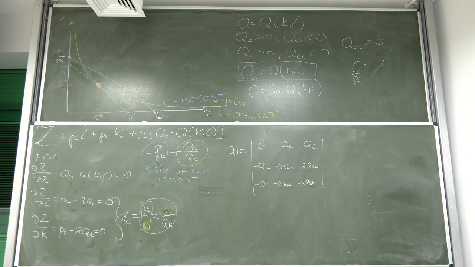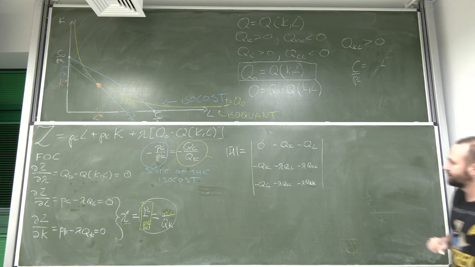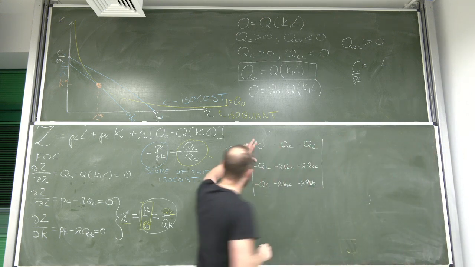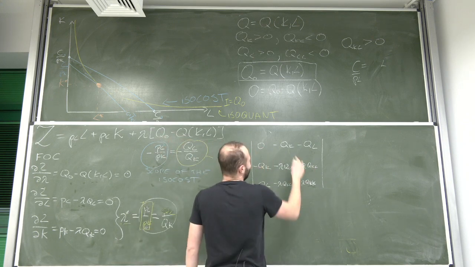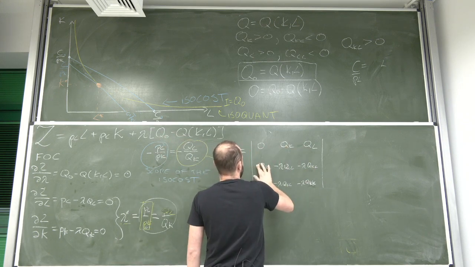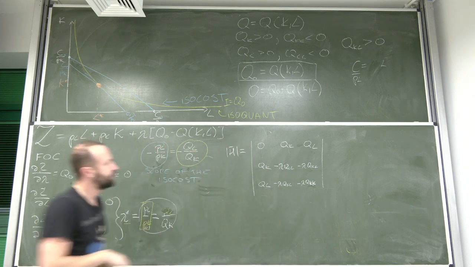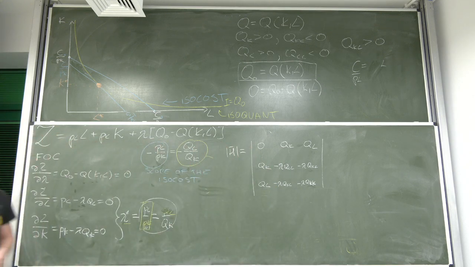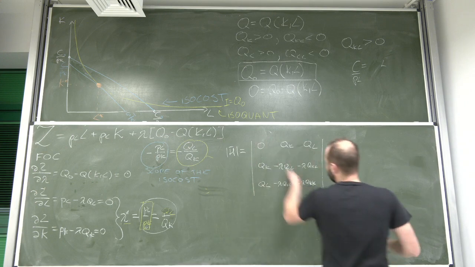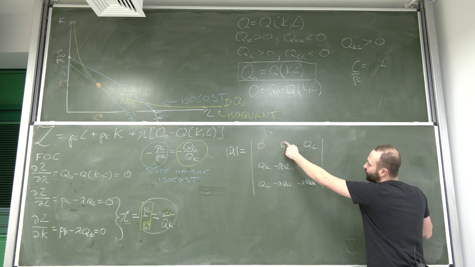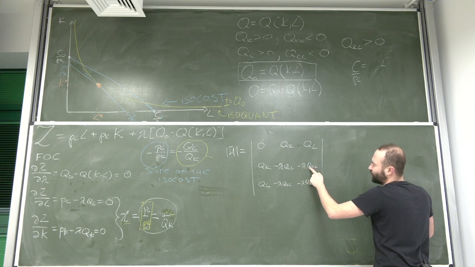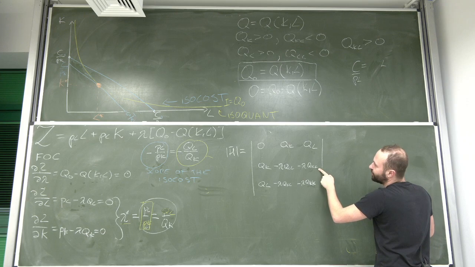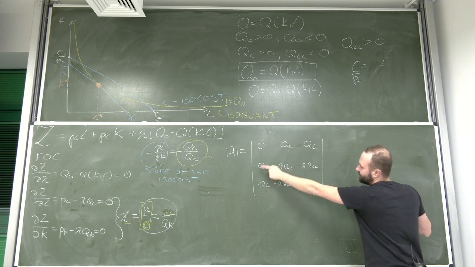So now, unfortunately, we need to calculate it all out. One thing we can do is take out negative 1 of the first column and of the first row. They're going to cancel each other out. So I can write it like this. And the next thing is to just calculate. So this is 0. Here we've got QK times QL times negative QKL, but this is the same as we were going to get if we multiply this times this and this.